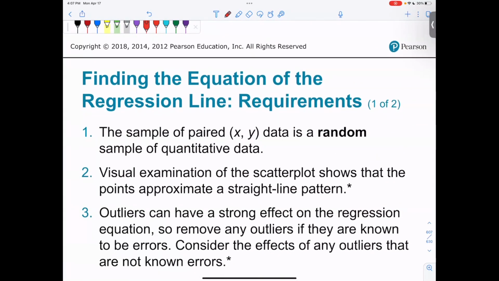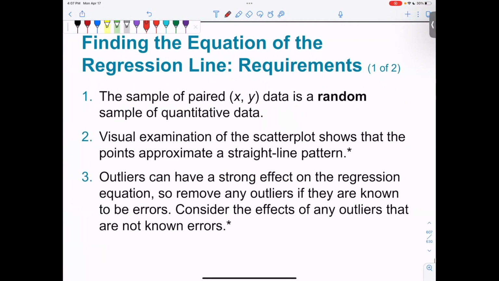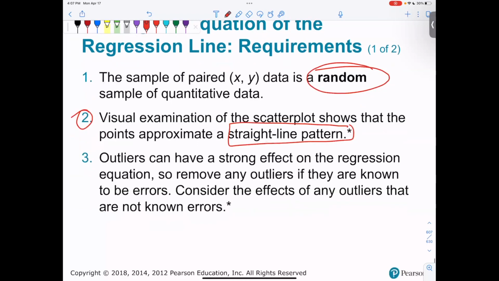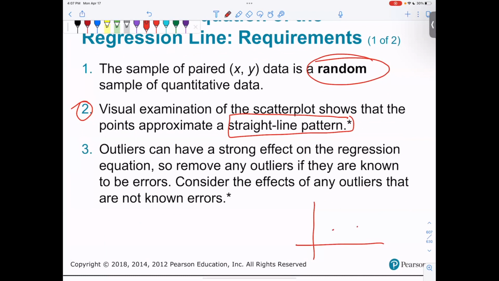Again, we have some requirements to apply regression. The first one is that we use a random sample or simple random sample. Also, before we start studying the correlation, we should draw the scatter plot and see some straight line pattern. If the scatter plot doesn't show a straight line pattern, then there is no need to find the regression function.